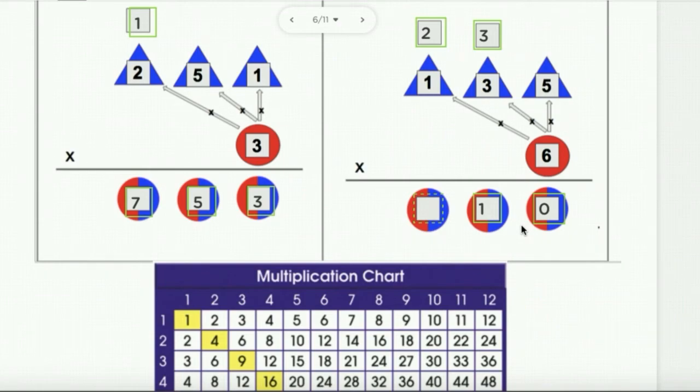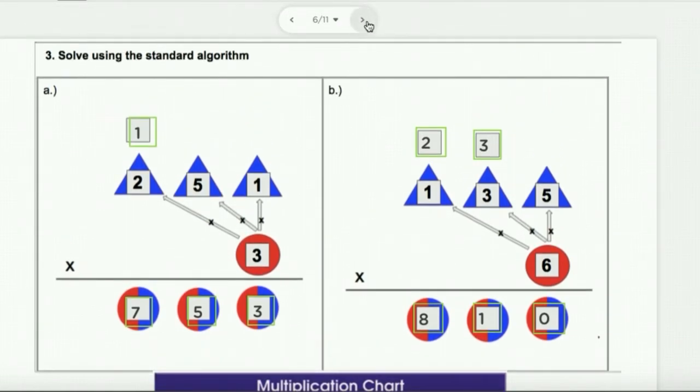All right, team. 6 times, what's our last number we're going to be multiplying 6 by? Yeah, 6 times 1. What's 6 times 1? Yeah, it's just 6 plus 2 more. Good job. 8. So the product of 135 times 6 is 810.